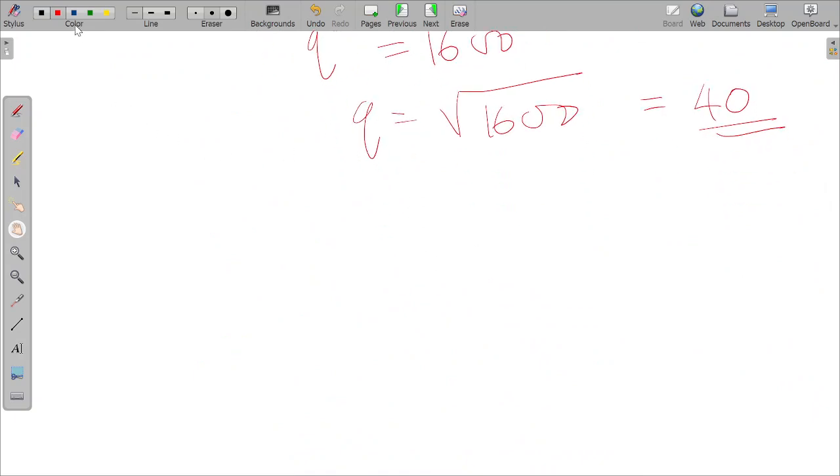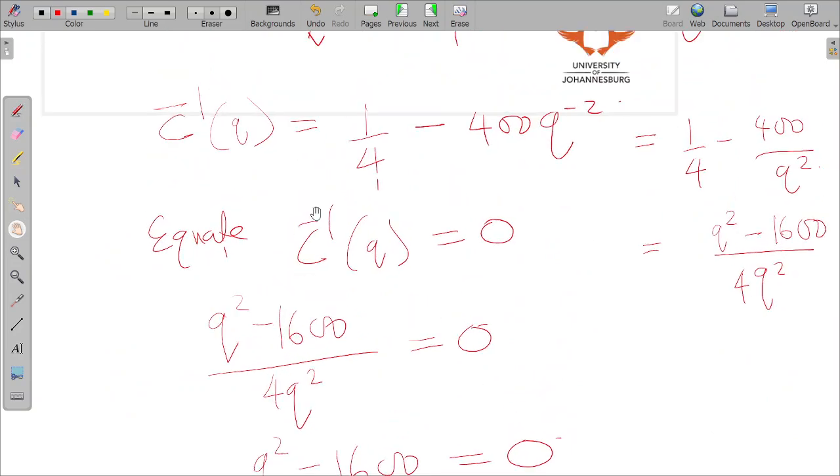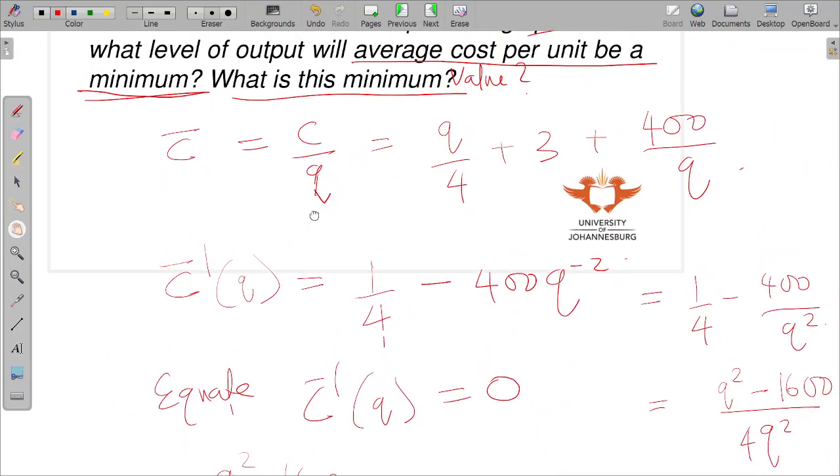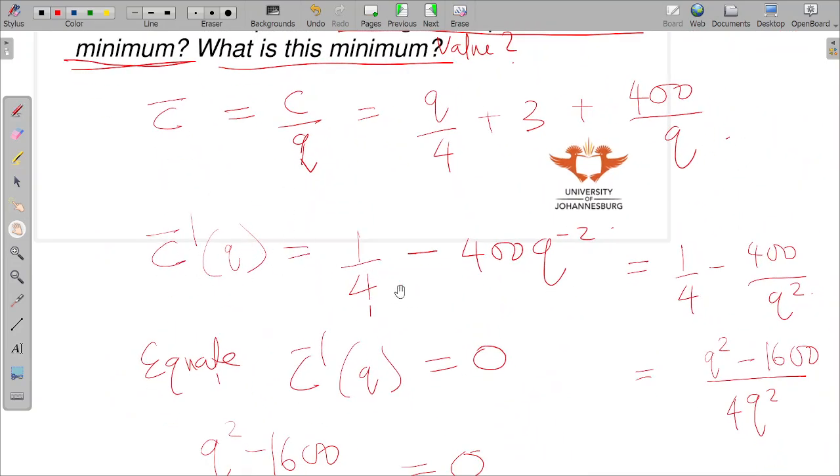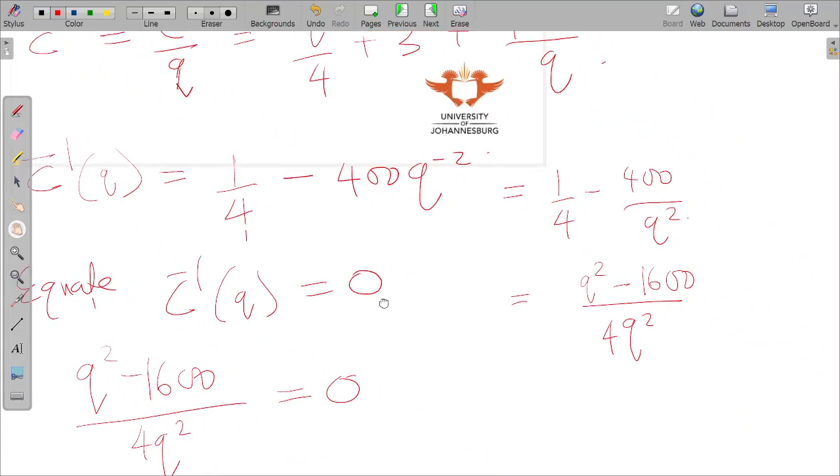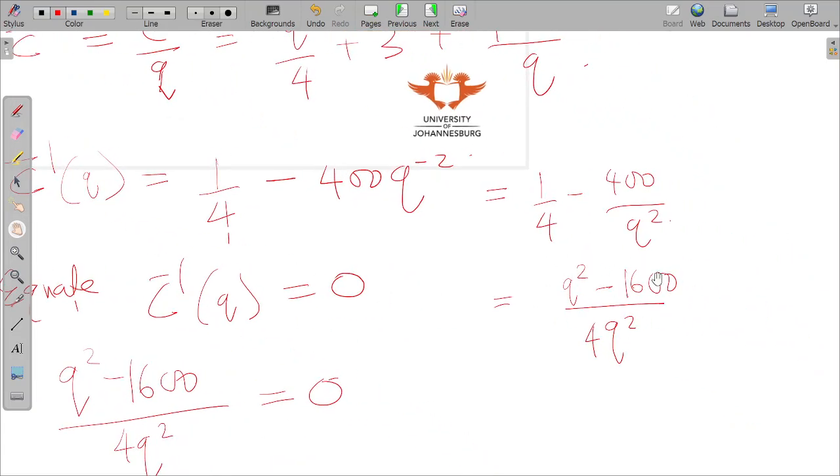Before then, we need to find our critical values. To get our critical values, go again and check the first derivative. Where will the first derivative not exist?